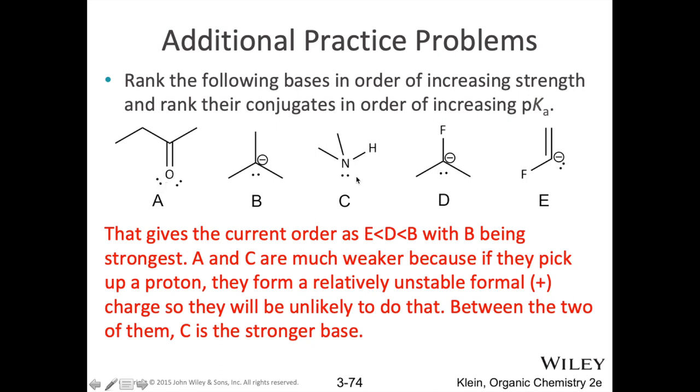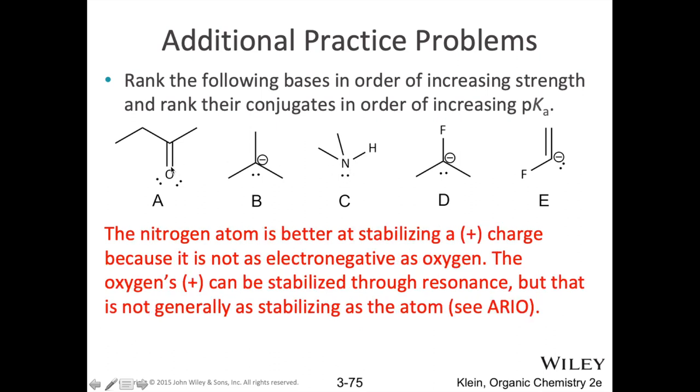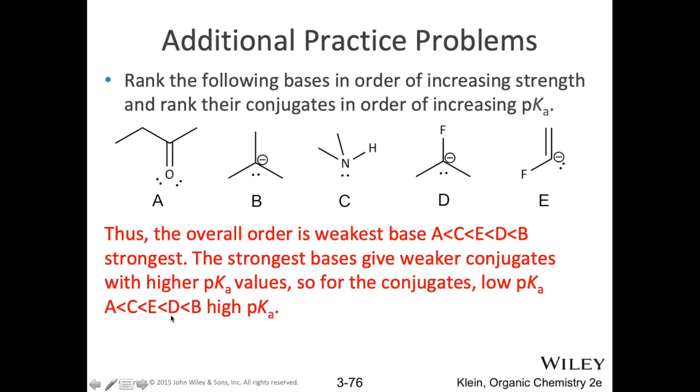In other words, that tells you that C, since it doesn't mind picking up a proton as much, is a stronger base than A is. So C is a stronger base, but they're both worse bases than our negatively charged molecules, which really want to pick up a proton. So ordering them from weakest base A to strongest base B, it would go A, C, E, D, B.